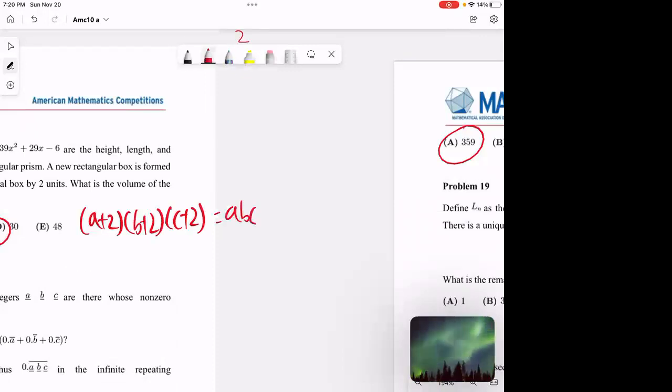This equals ABC plus 4A plus 4B plus 4C plus 2AB plus 2BC plus 2AC plus 8, right? And then we can use Vieta's formula.